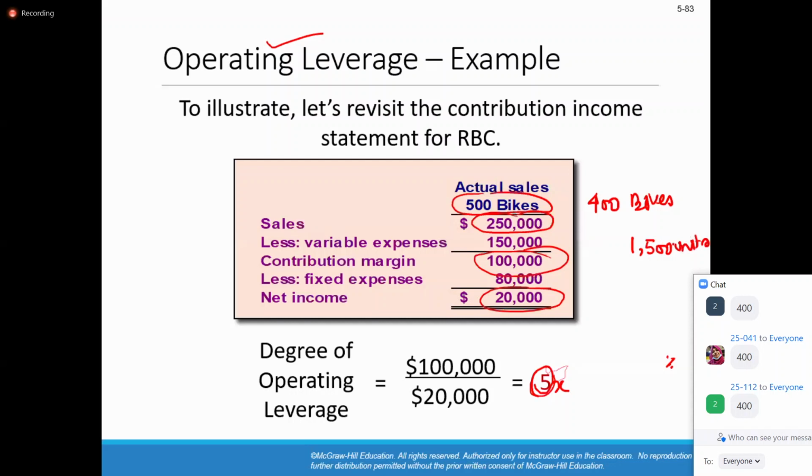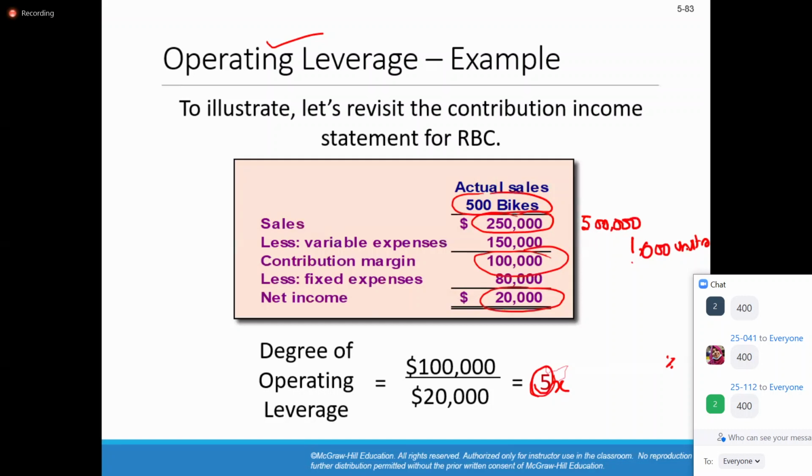In that case, it will take time. So let's think of it as 1,000 units. So if it is 1,000 unit sales, what will be our sales amount in terms of dollars? In terms of dollars, our sales amount will be 500,000. And what will be our variable expenses?